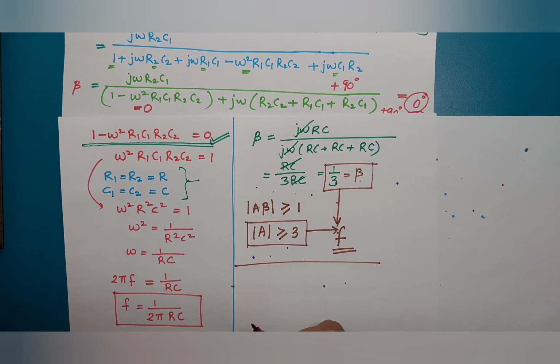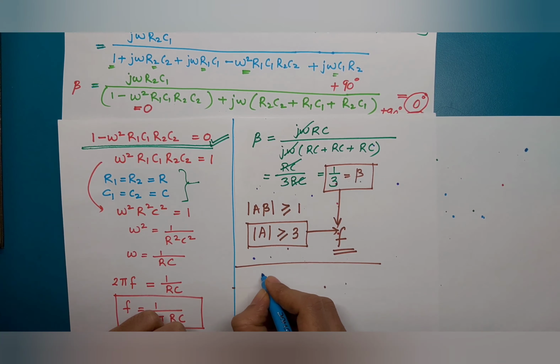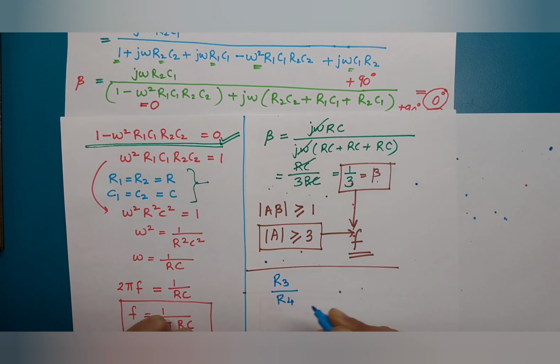One more condition we should remember in case of Wien bridge oscillator is that the values of R3 and R4 should be selected in such a way that the ratio of R3 to R4 should be equal to 2. That is, R3 is twice the value of R4.